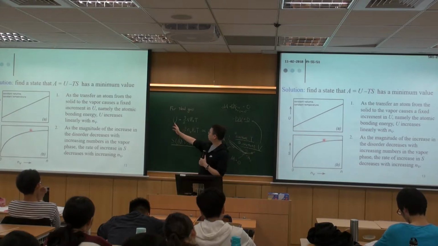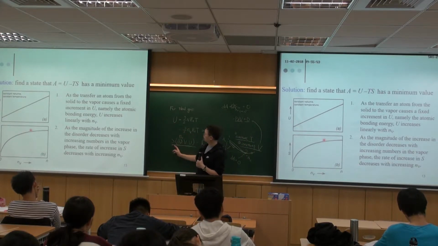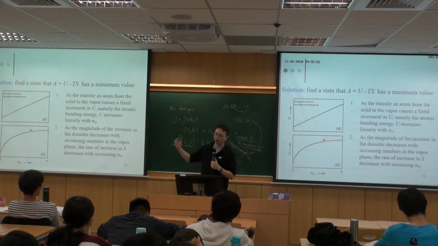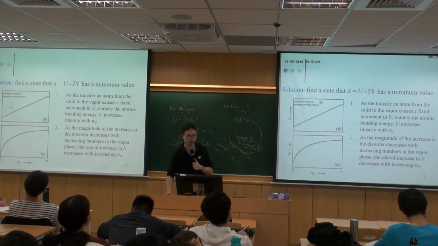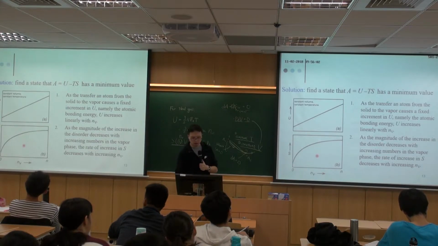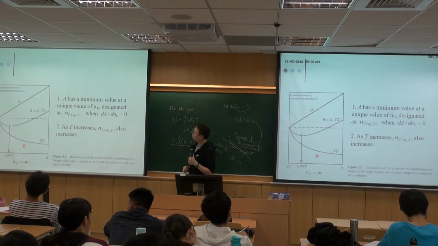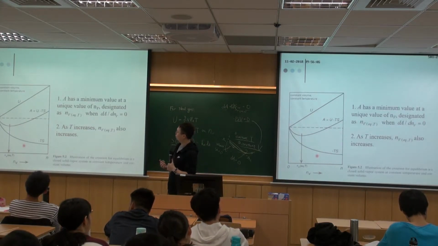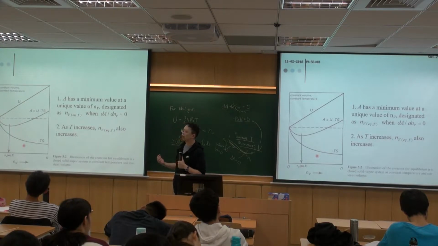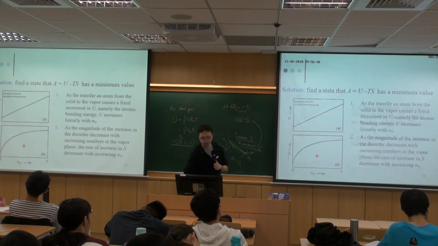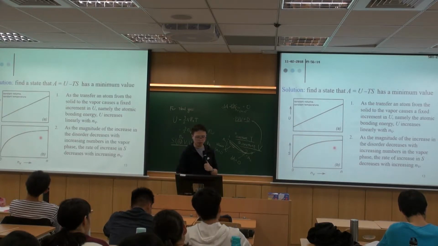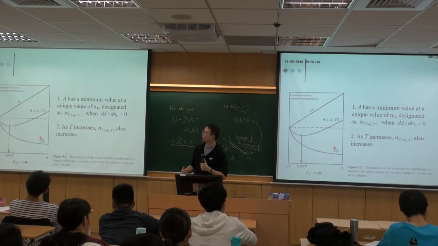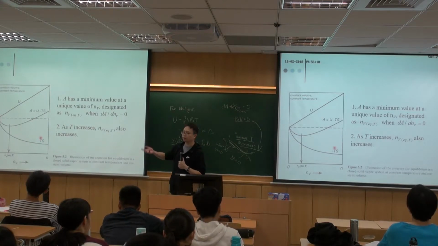And therefore, we know the expression of U, we know the expression of S. Now we can estimate the Helmholtz free energy by combining these two. With a fixed temperature, we just multiply the entropy term with a constant T. But it has a minus sign. So the thing is flipped.